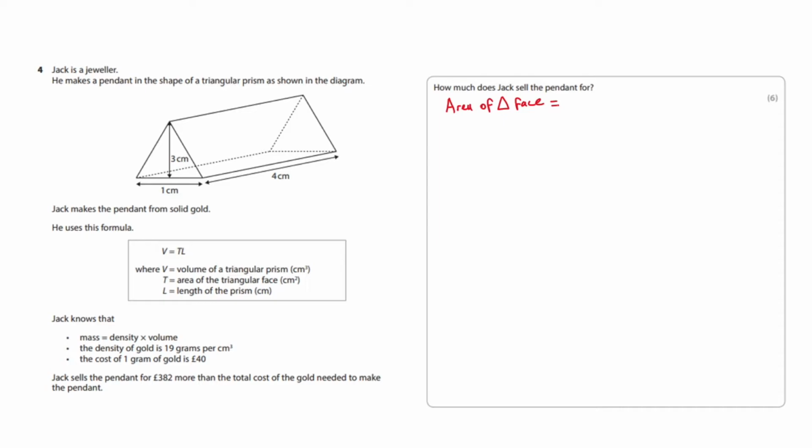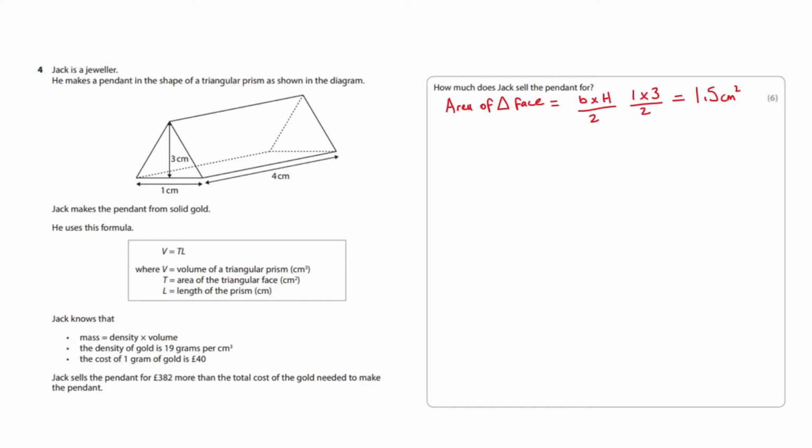The base is 1 centimetre and the height is 3, and we divide that by 2. 1 times 3 divided by 2 equals 1.5 centimetres squared. That's the area of the triangle.